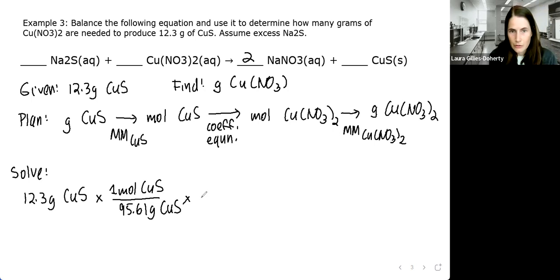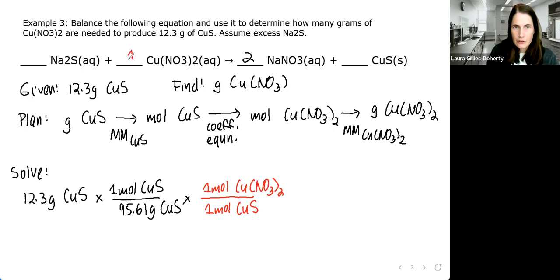Now we do our mole to mole conversion. So for every 1 mole of copper sulfide that's produced, we need 1 mole of copper 2 nitrate. And those are from the balanced chemical equation. For every 1 mole of copper sulfide that's produced, we need 1 mole of copper nitrate. And last step, we need the molar mass of copper nitrate.